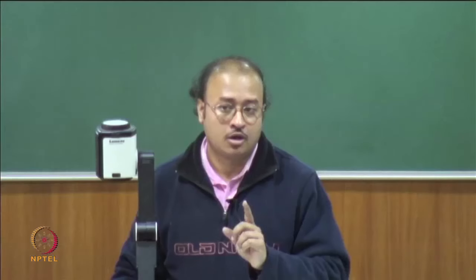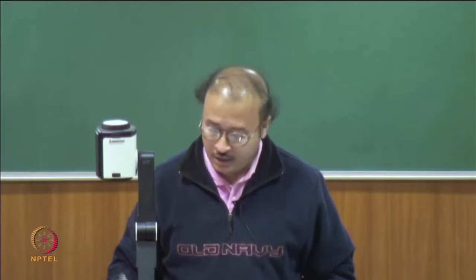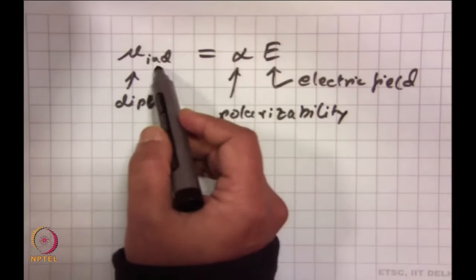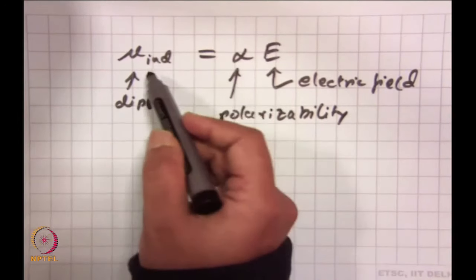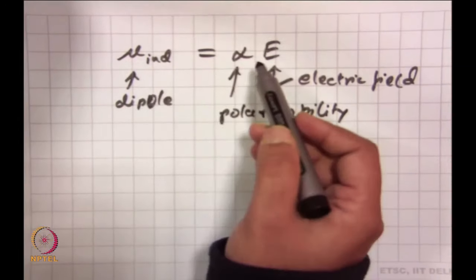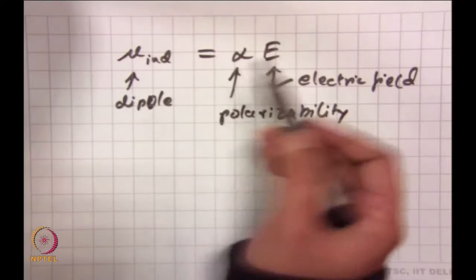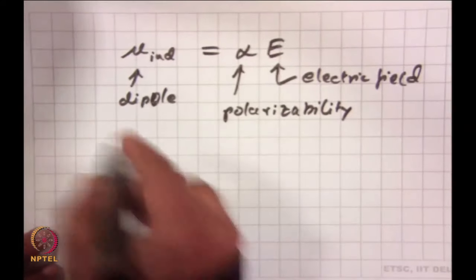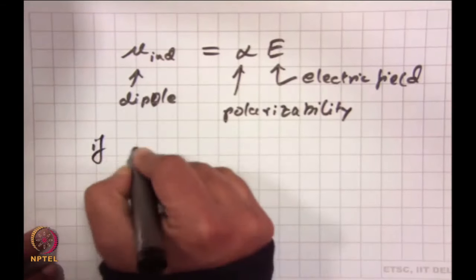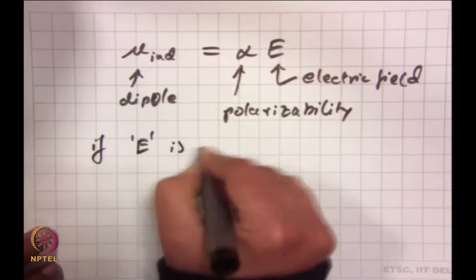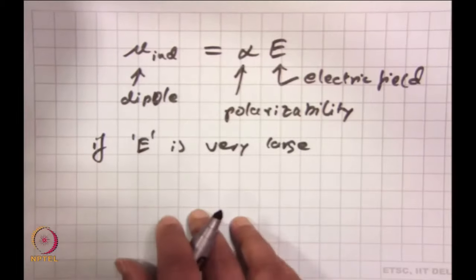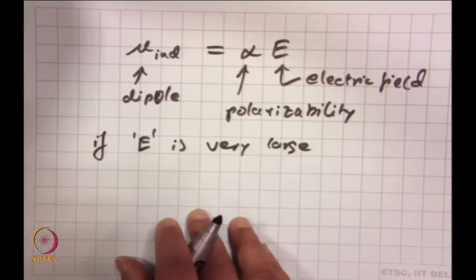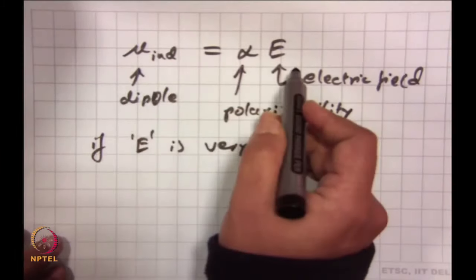But there is one thing to it. Look at this, this is a linear term, in the sense that mu induced is directly proportional to E. Now, what happens if the applied field E is very large? If the applied field E is very large, then I cannot just represent mu induced like this.